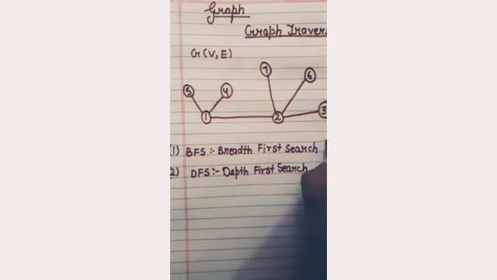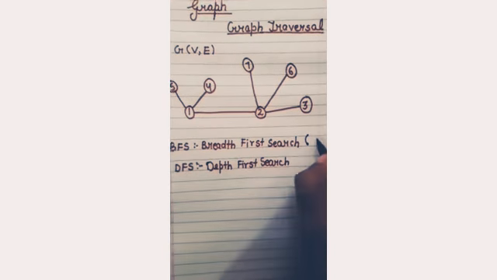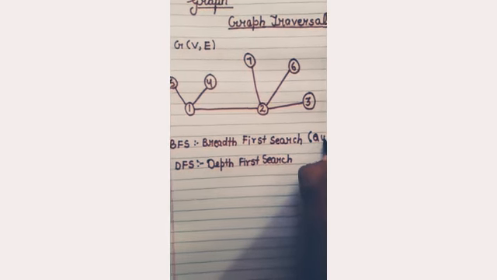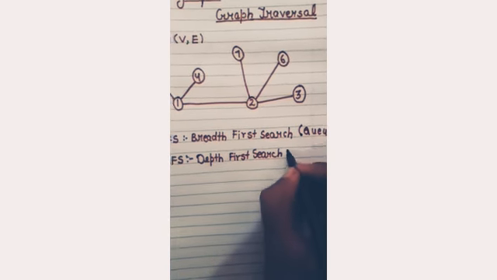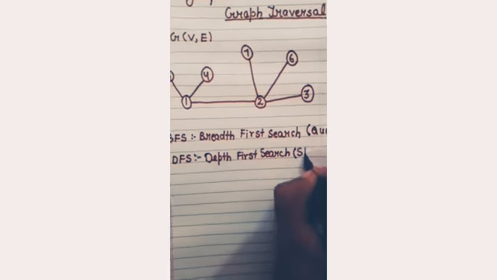Fine. So BFS uses the queue data structure and DFS uses the stack data structure.